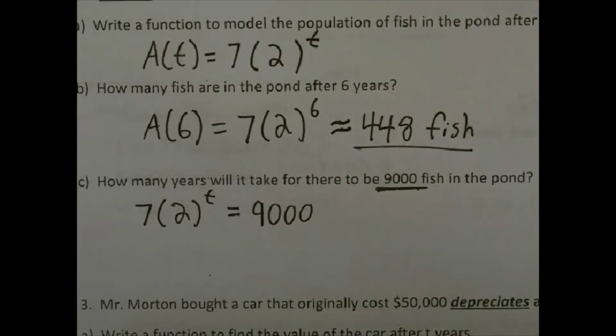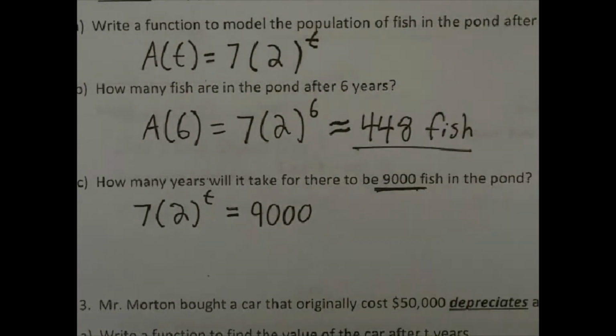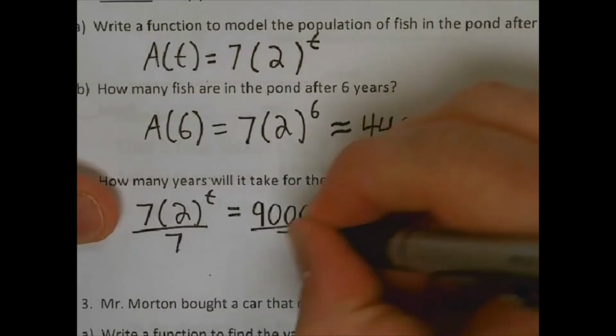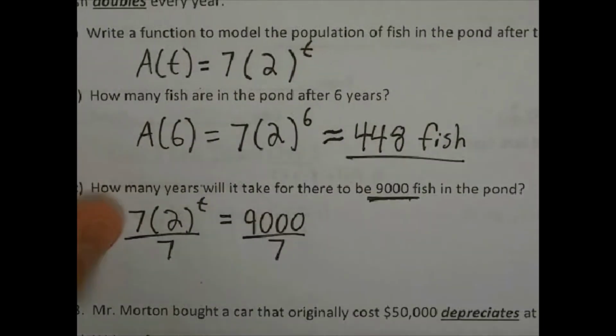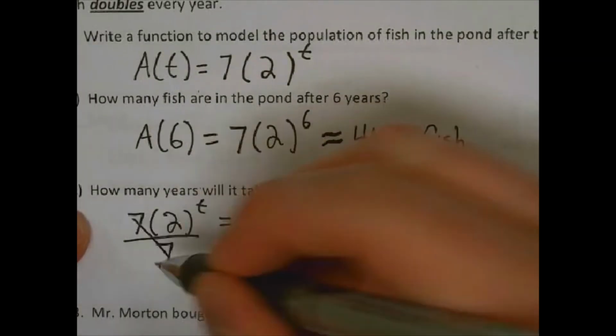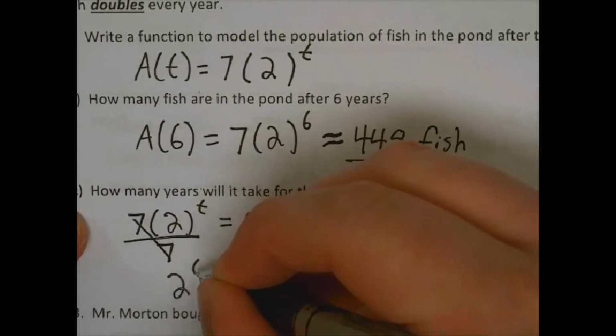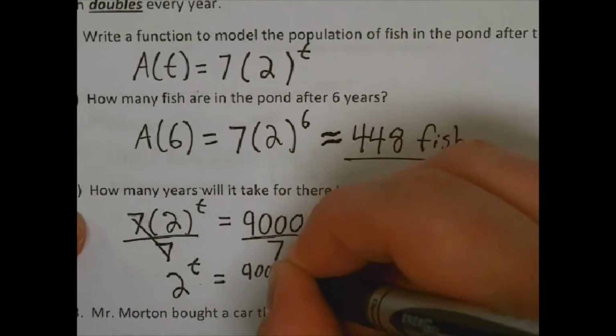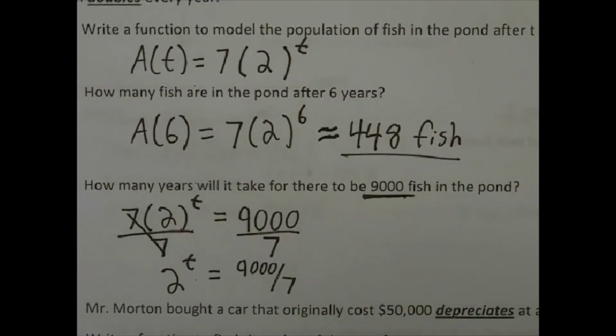Okay. From here, the next step is to divide by 7. This will leave me with 2 to the t equals, and I'm going to actually keep it, 9,000 divided by 7. Okay.